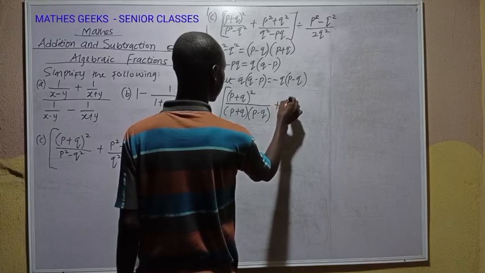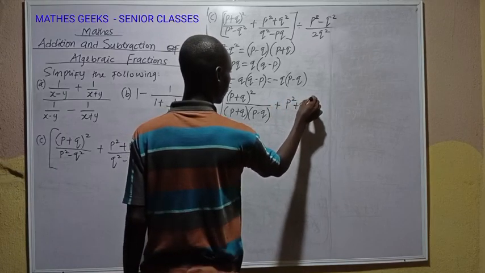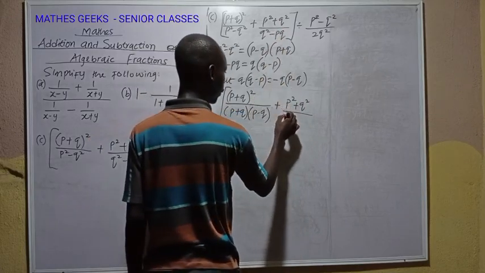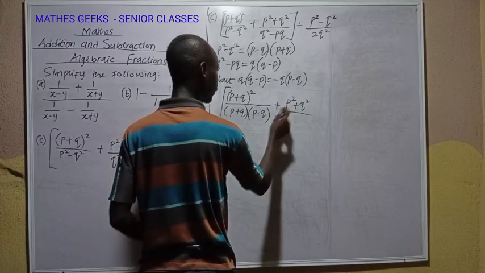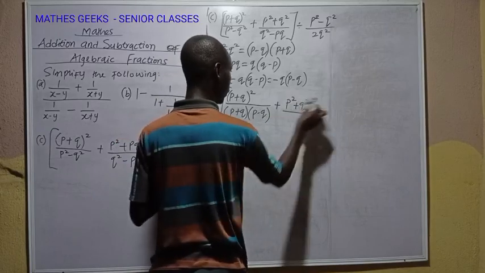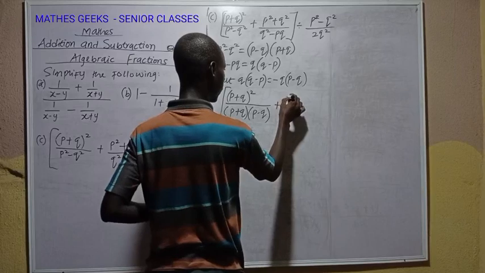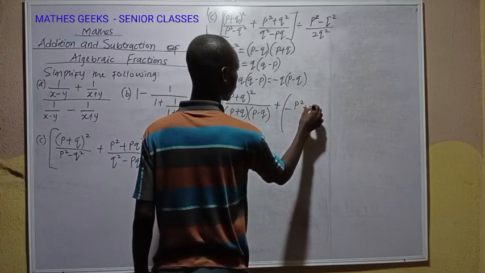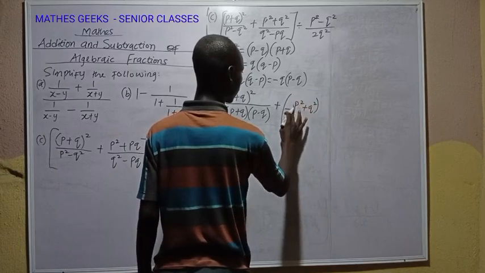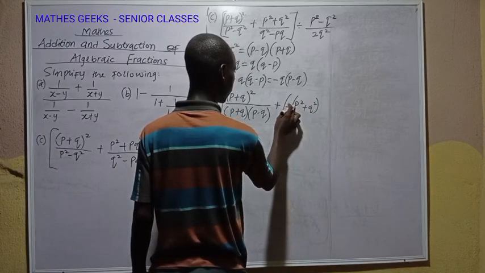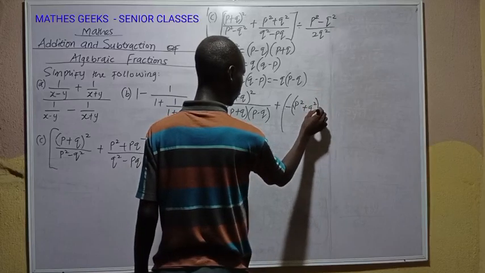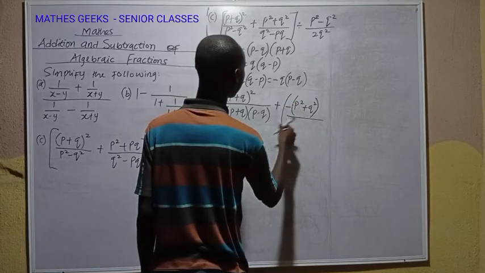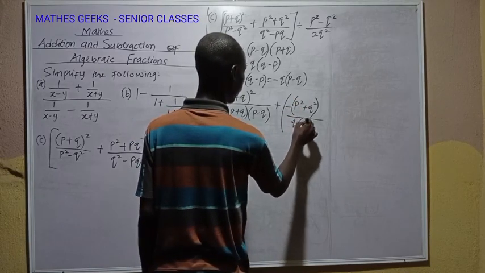And then plus p squared plus q squared over, in place of this we put this, minus q, p minus q. Now minus p squared plus q squared over minus q, p minus q.